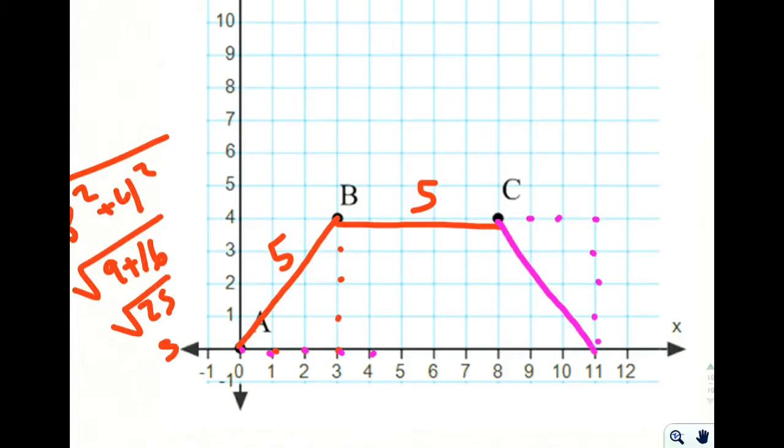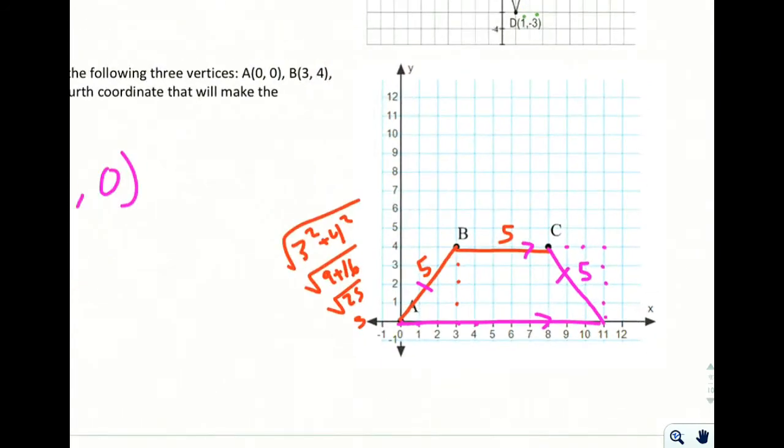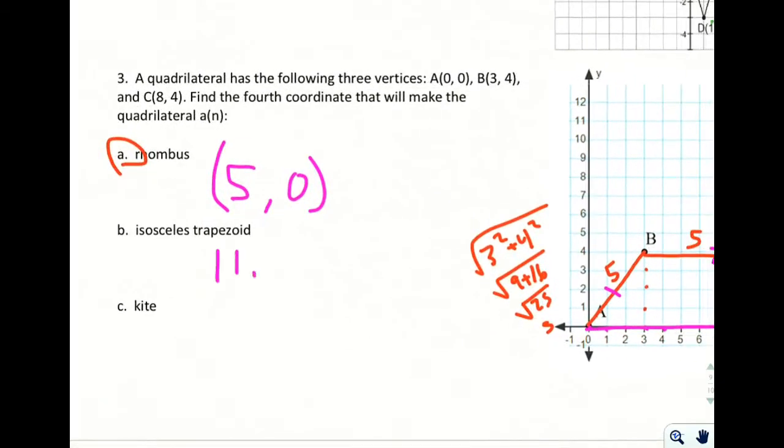If we did this, we would still have our side length of 5, making this side and this side the same length, congruent. These two, since they're both 0 slope, would be parallel. So our coordinate would be here at 11 over, 0 up.